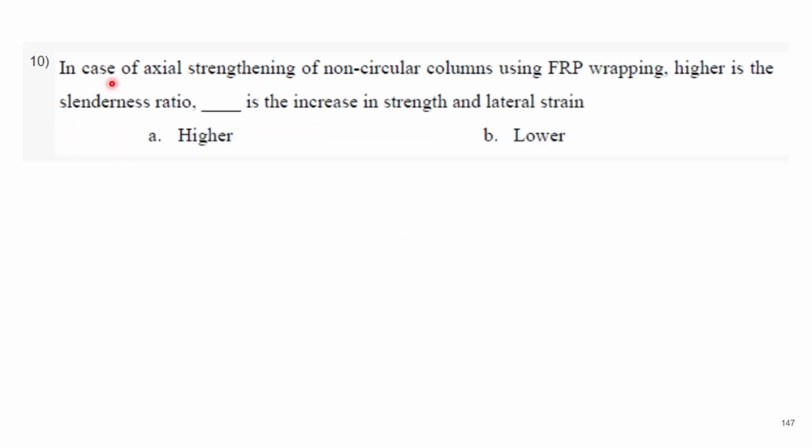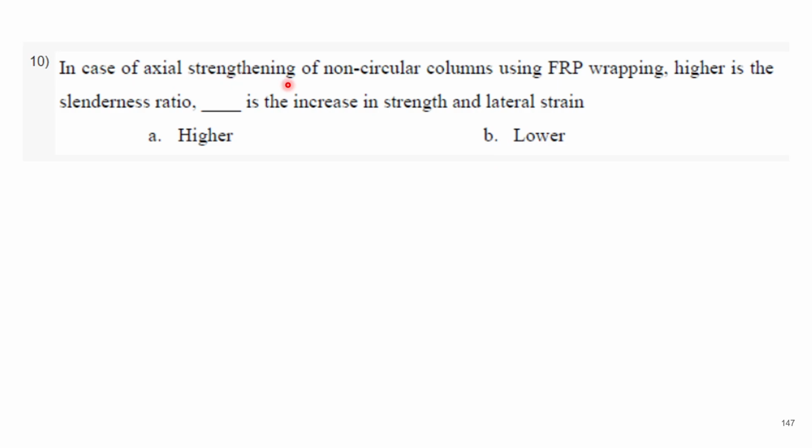Tenth question. In case of axial strengthening of non-circular columns using FRP wrapping, the higher the slenderness ratio, dash is the increase in strength and lateral strain. A, higher, B, lower. If you remember, the more the slenderness ratio, the lesser the increase in strength and lateral strain.